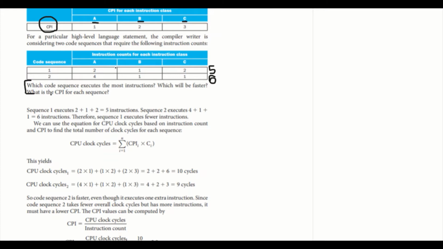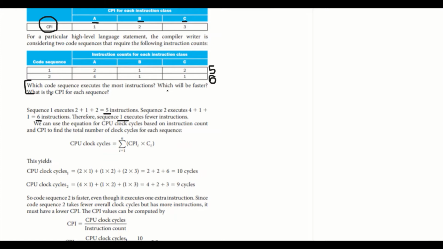Can you see, the first program has 5 instructions, the second program has 6 instructions. So which one has fewer instructions? Program 1. Okay, that is what the first question is asking. Okay, ignore it. That's not a big deal.